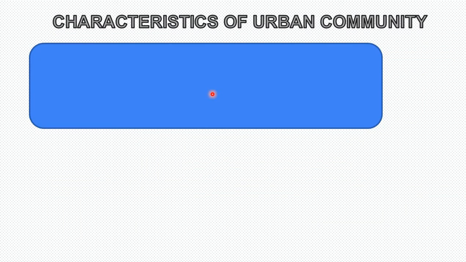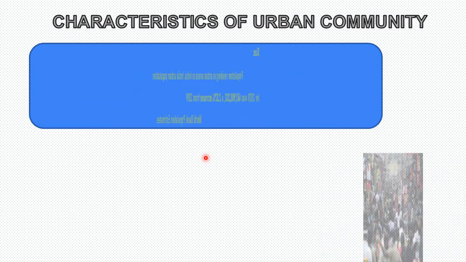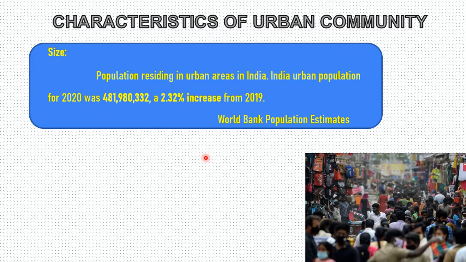So let's talk about the characteristics of an urban community. The first main characteristic of an urban community is that of the size. The World Bank population estimates give us a statistic that in the year 2020, the population of people in urban areas in India was about 48 crores 19 lakhs 80,332 people, which is an increase of 2.32 percent from 2019.